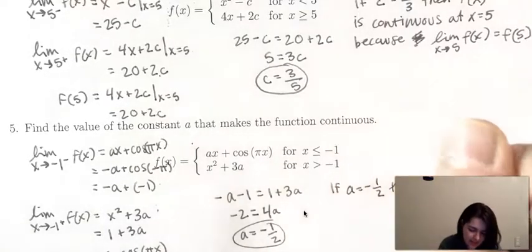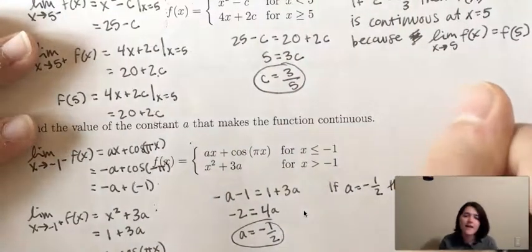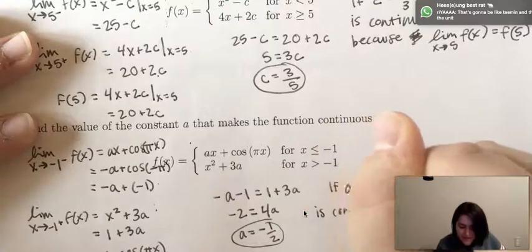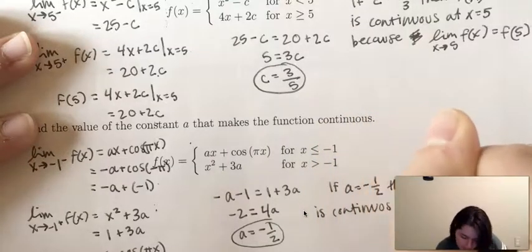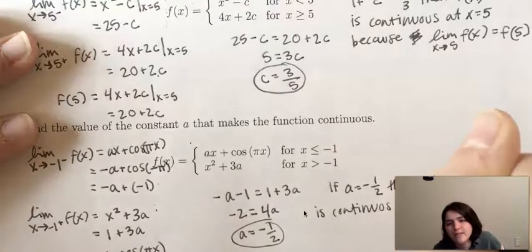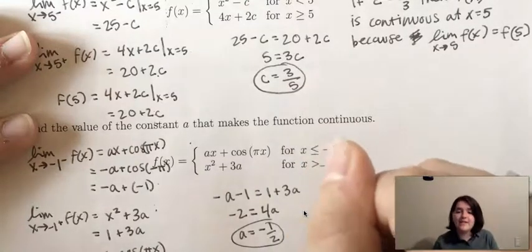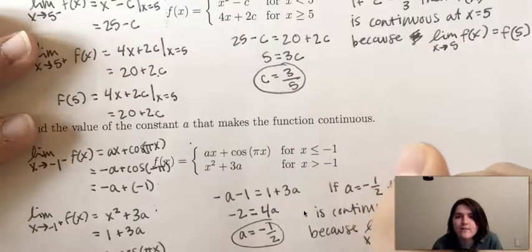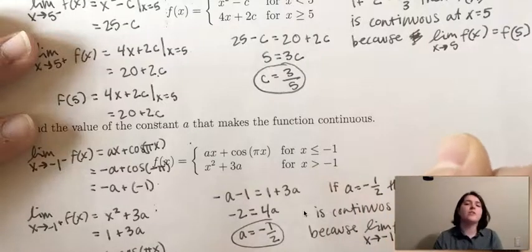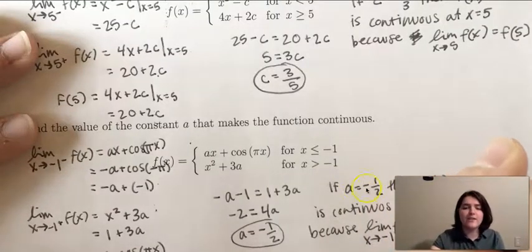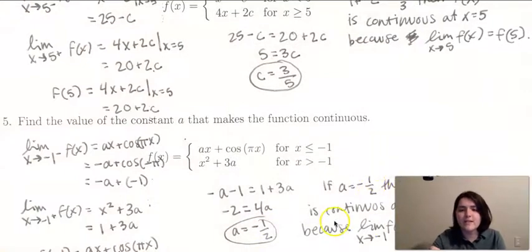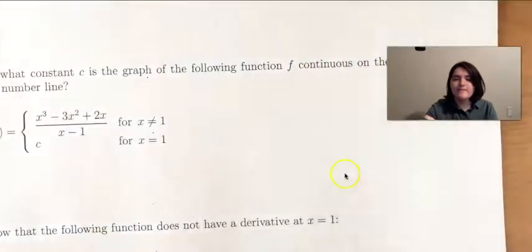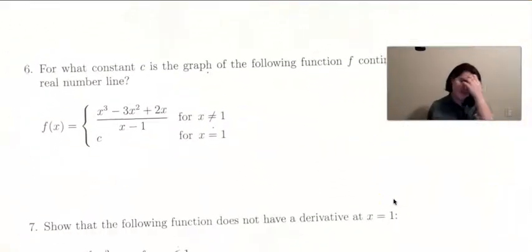So our sentence: if a equals -1/2, then f of x is continuous at x equals -1, because the limit as x is approaching -1 equals f of -1. So you can see this formulaic sentence, so you can just memorize it and use it for the future. Just plug in your constant and the value that you found for the constant, the split point, and then the limit is equal to the function.